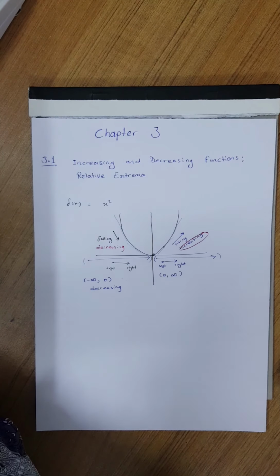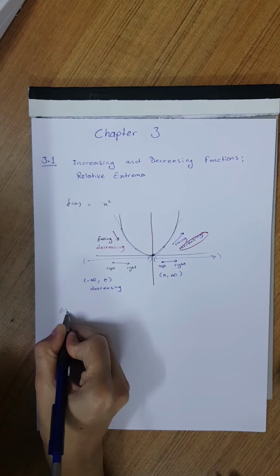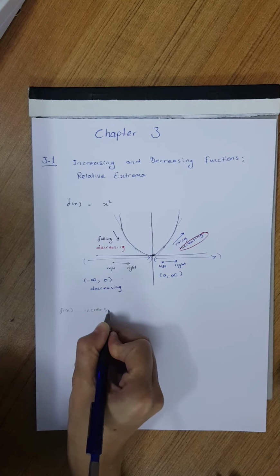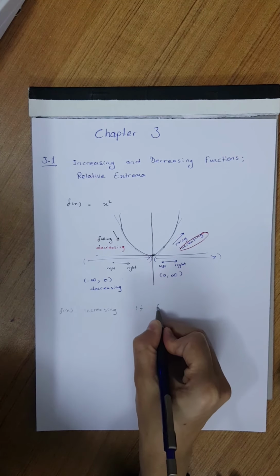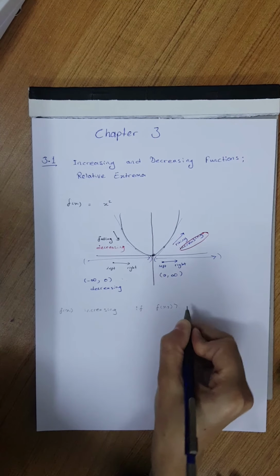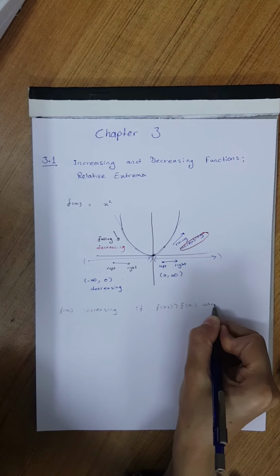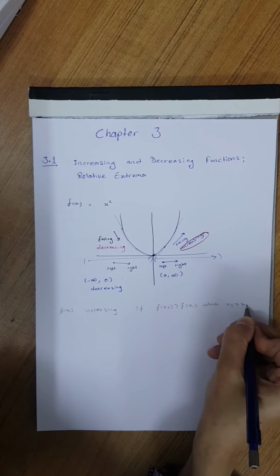Let's come to mathematics. Let us define it in a mathematical way. If we have got that function, we say that the function f of x is increasing if f of x2 is greater than f of x1 whenever x2 is greater than x1.